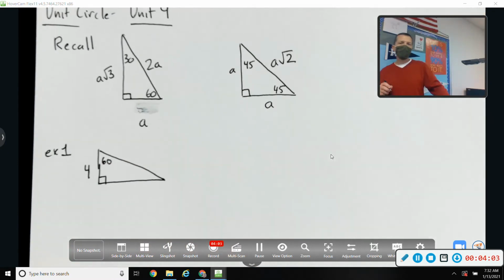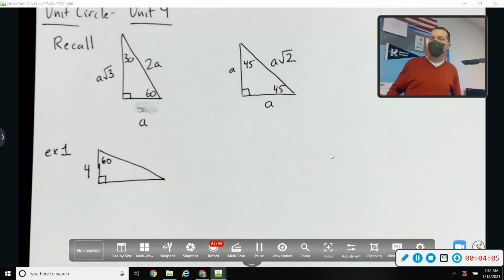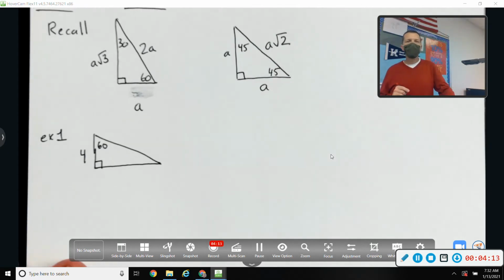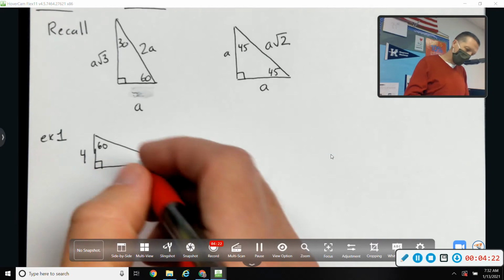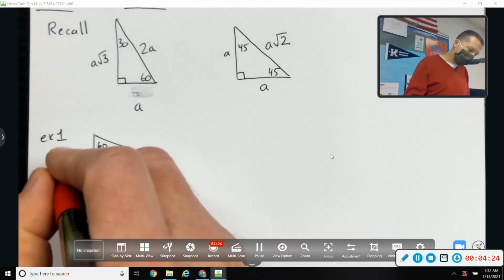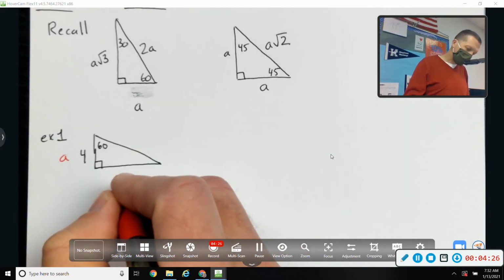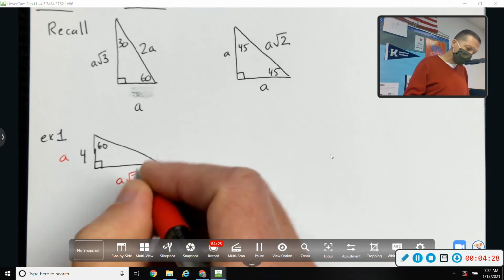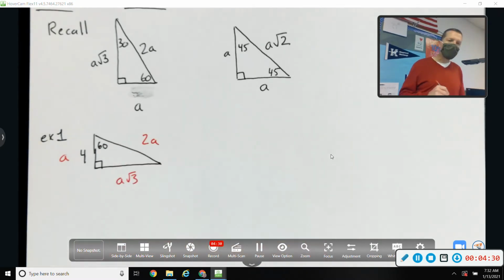So there's our problem. 30, 60, 90 right triangle. And across from 30 is a 4. The best way to work these problems is to put the pattern on the triangle and then figure out what A is. So across from 30 is A. Across from 60 is A square root of 3. And the hypotenuse is 2A.